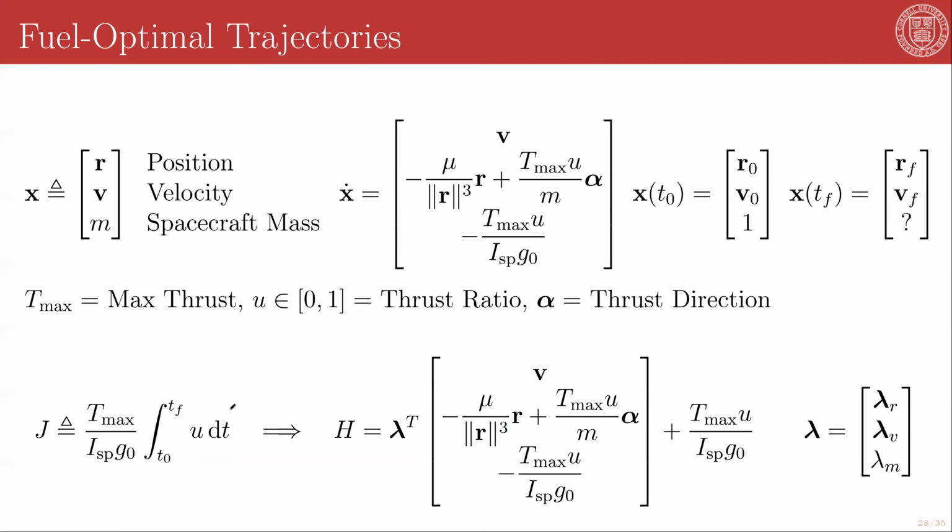But the really important thing here is that we're integrating from T0 to TF the value of this thrust ratio term U. From this, we formulate the Euler-Lagrange equations, and our Hamiltonian is given by the costates multiplied by the dynamics plus the T max U over Isp g naught term. And the costates are defined one-to-one with our optimization state. So we have a costate lambda sub r for position, a costate lambda sub v for velocity, and a costate scalar lambda sub m for our mass term.